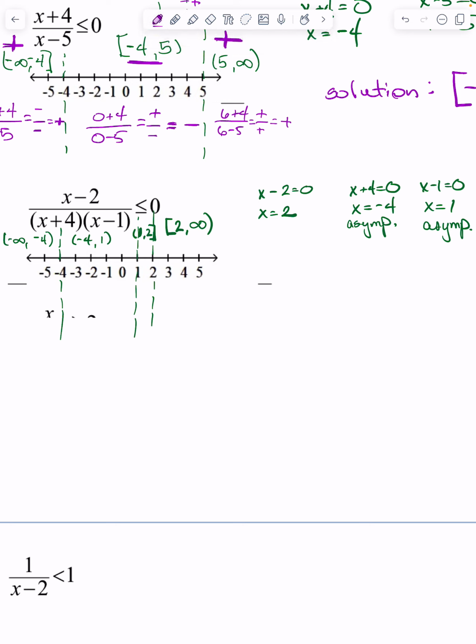Negative 4, sorry. Again, I'm going to start with 0. 0 plus 4. 0 minus 1. I get a negative 2 over a positive times a negative, which is negative over negative, which gives me a positive in this interval.